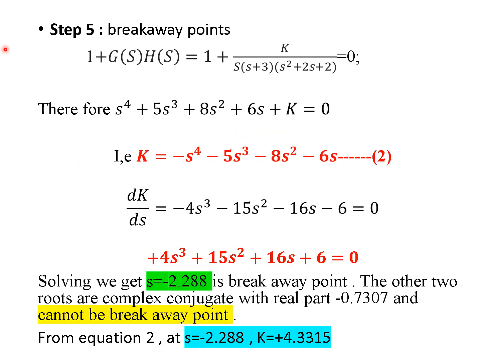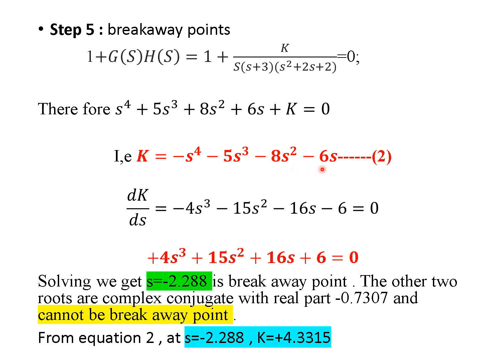Step 5. For the breakaway points, we consider the characteristic equation, that is 1 plus G(s)H(s), the given system, equated to 0. We can rearrange this equation in the form s to the power of 4 plus 5s cube plus 8s square plus 6s plus k is equal to 0. Now we write everything in terms of k, so k is equal to minus s to the power of 4 minus 5s cube minus 8s square minus 6s.